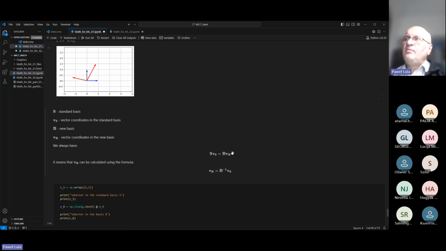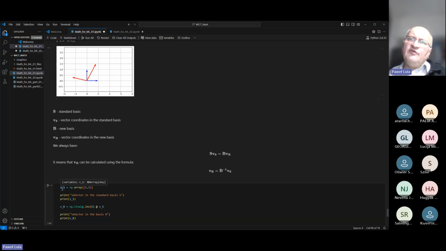We should remember this very important expression. This rule, which we can use and transform when we want to change the basis. So we have a vector, V vector.